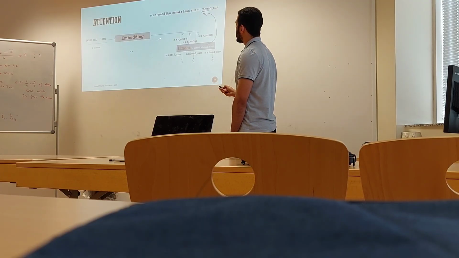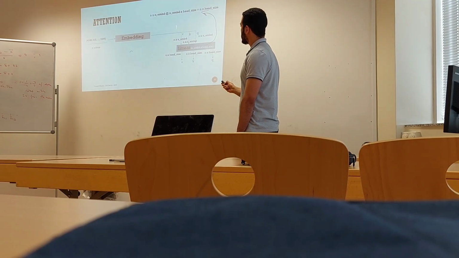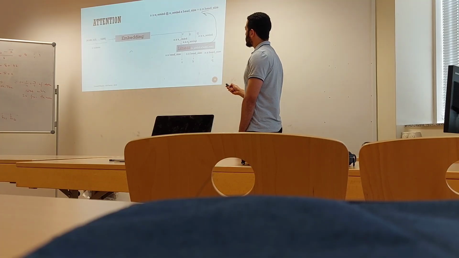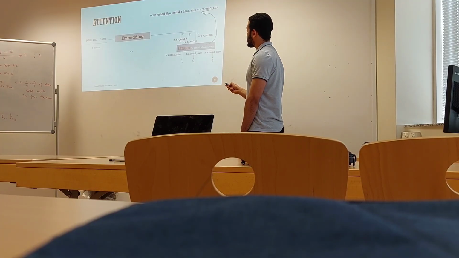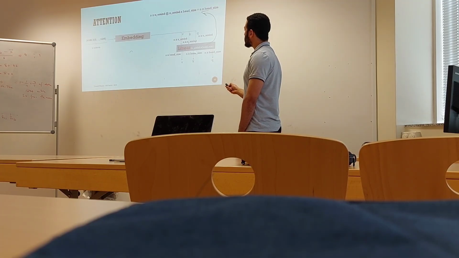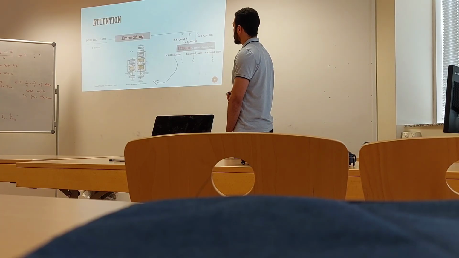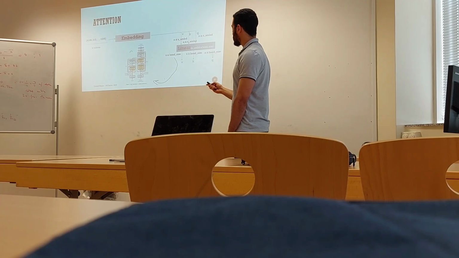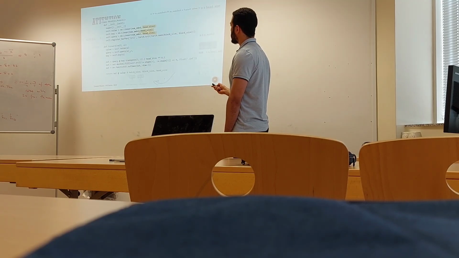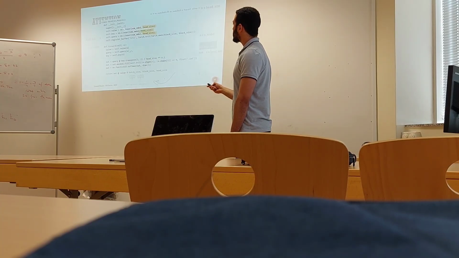We said the input is n times n_embedding, and every matrix goes to a specific linear layer, and the output will be n times head size. The head size is the size of every attention head, which, as we see in the implementation, is basically the size of the hidden units in a neural network.